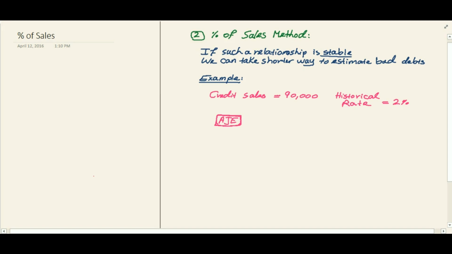So what we will do is just multiply this percentage by the total credit sales, and we would say debit bad debts expense account by the number that will be 1,800, and you will credit the allowance account by the same number.